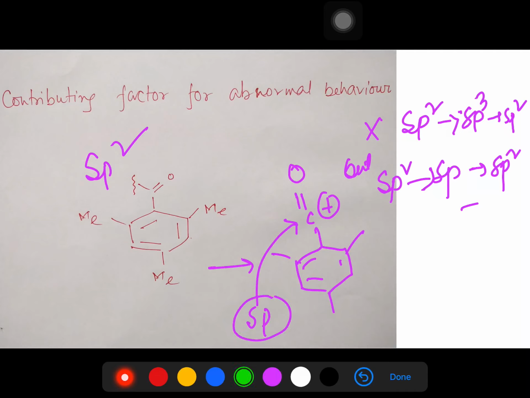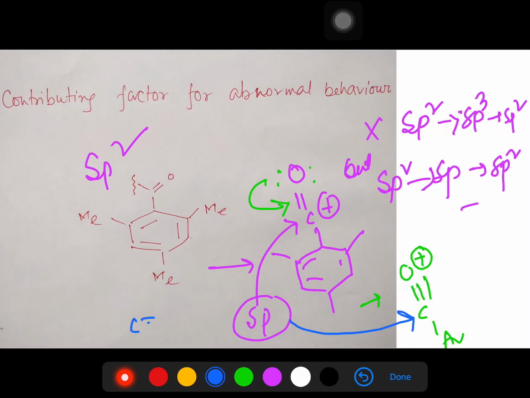I am just focusing on the target area: this lone pair can push here and it results in a triple bond, where the formal charge resides on the carbonyl oxygen. Okay, so that is the mnemonic device, I believe, which will help you remember that this carbon is sp, because we already know acetylene is an sp hybridized carbon, similar, like a triple bond. Okay, fine.